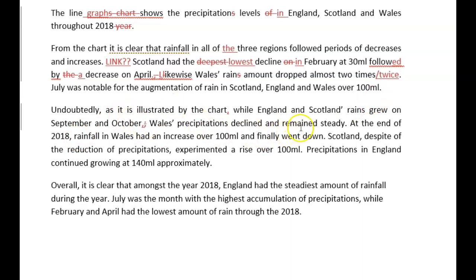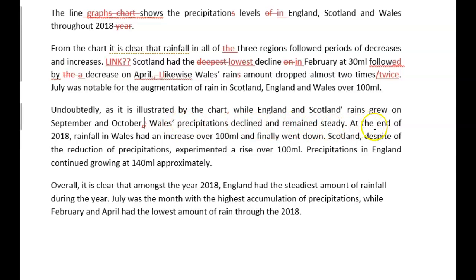Okay, while the rains, you cannot say that the rains grew. While the precipitations or while the rainfall quantity in England and Scotland increased or grew or rose in September and October, Wales precipitations declined and remained steady.